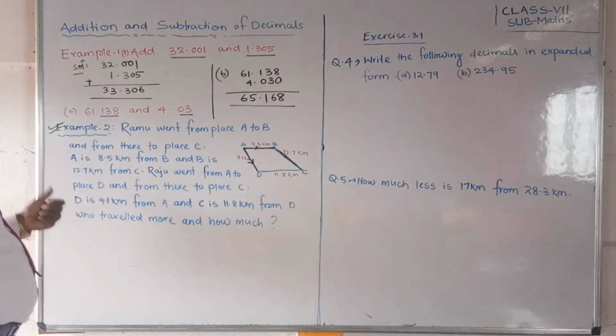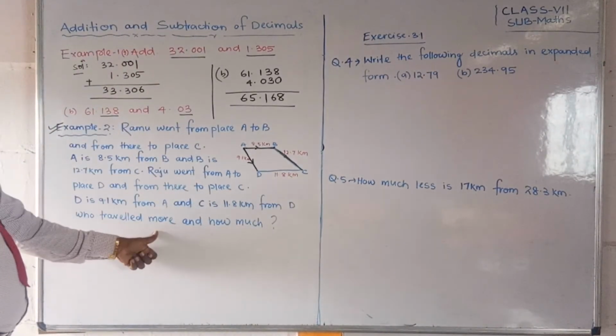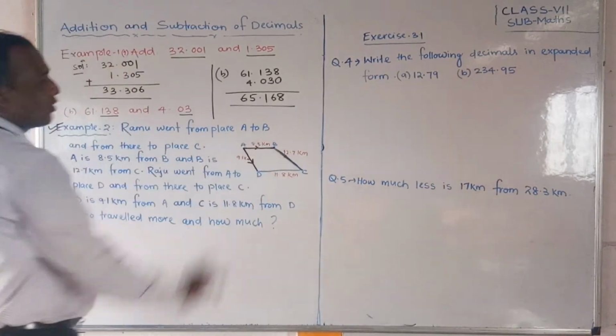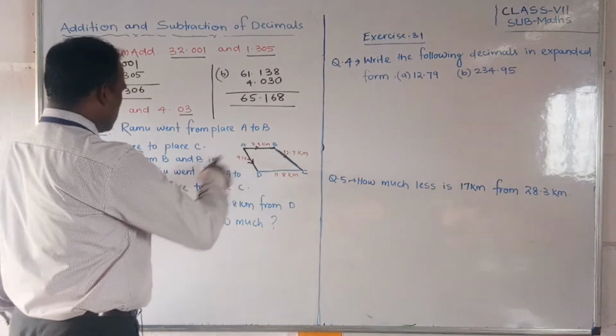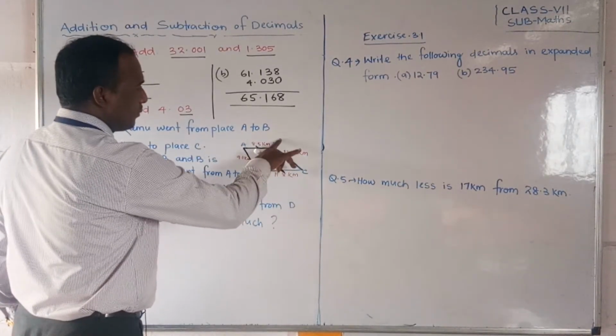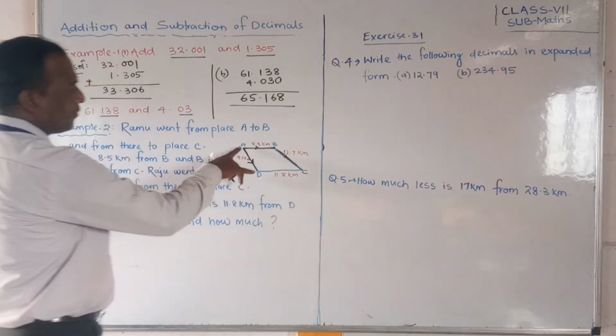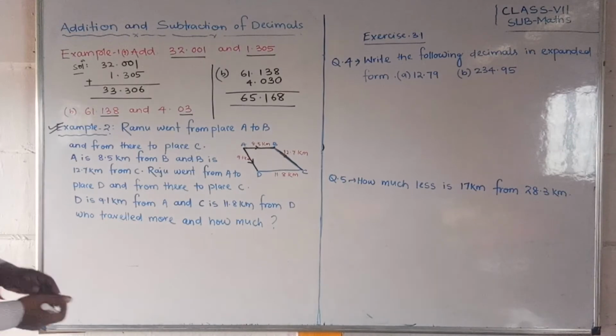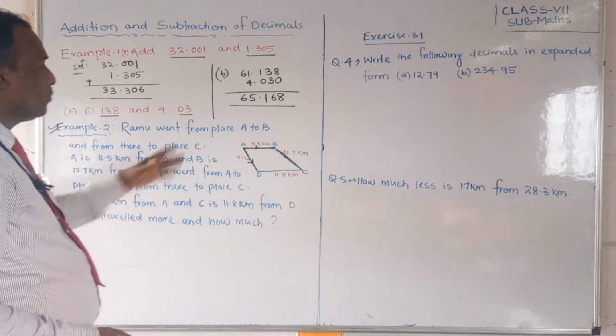Now the question is, who travels more? Ramu is going from A to C via B, but Raju is going from A to C via D. So which one travels more distance?